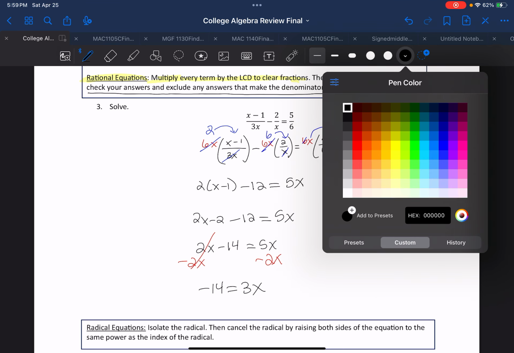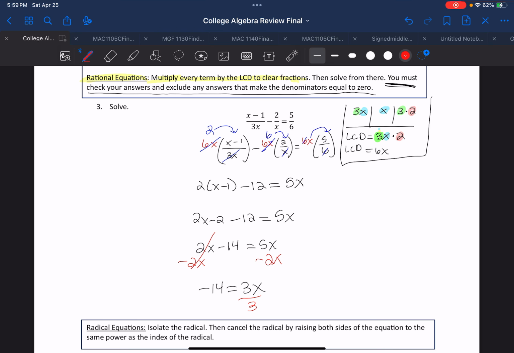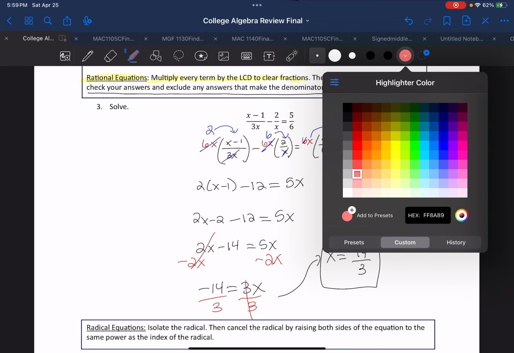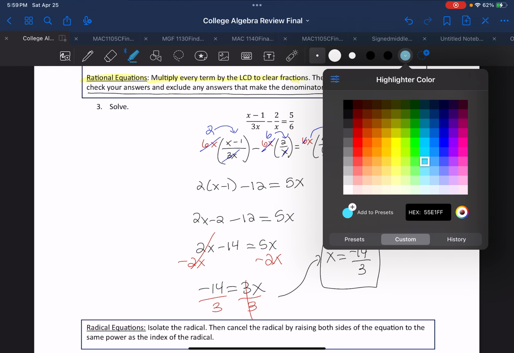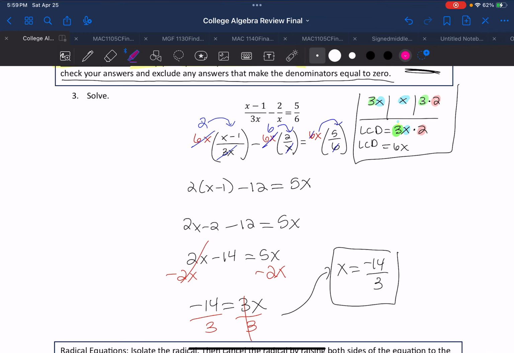And now I'll divide both sides by 3. So x will be equal to negative 14 thirds. Now remember, you must check this to make sure the denominators up here will not be 0 once you plug this in for x.